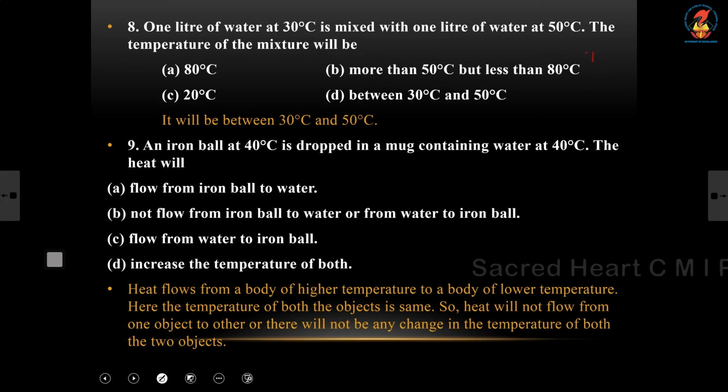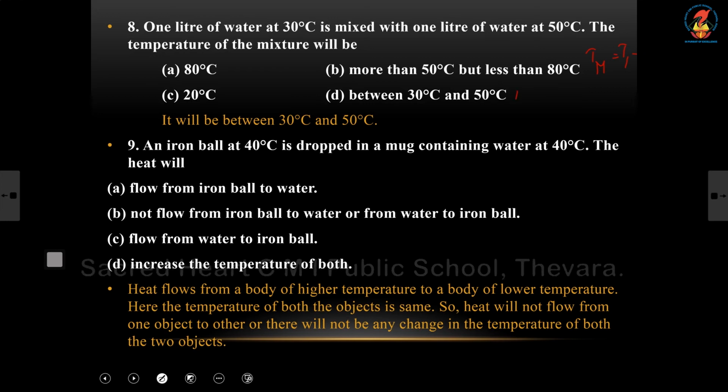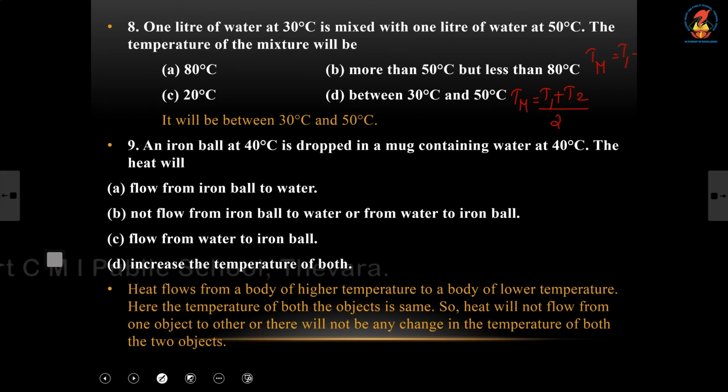Temperature of the mixture Tm is equal to (T1 plus T2) by 2, that is (30 plus 50) by 2.